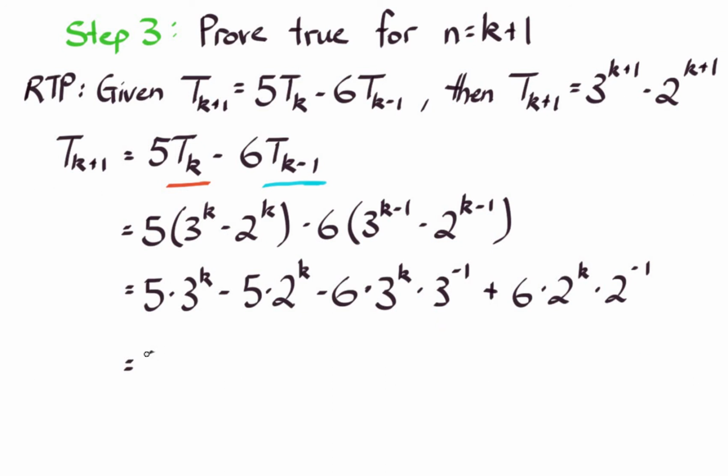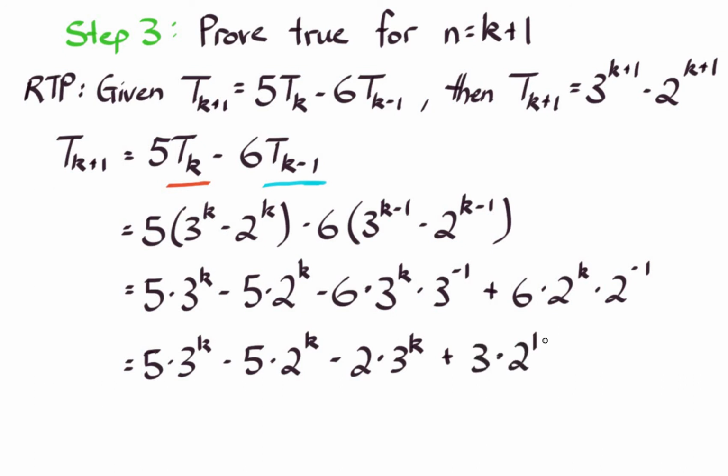The first bit doesn't change, so we still have the first two terms remaining the same, but now we've got 6 over 3. So 6 over 3 simplifies to 2, so 2 lots of 3 to the power of k. And likewise, 6 over 2 becomes 3, so we have 3 lots of 2 to the k.